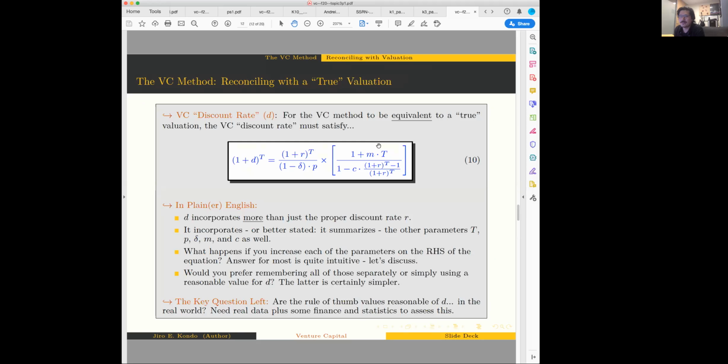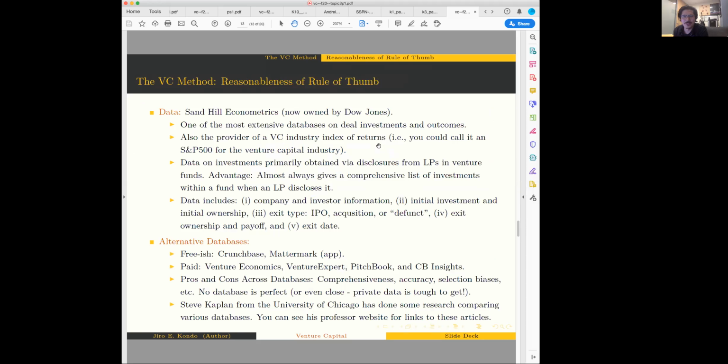Now, of course, the question is, Jiro, where do you get that magical data set? Where do you get a data set that follows a large representative sample of different VC investments? Series A onwards, or Series B onwards, or Series C onwards. Where in the world do you get that?